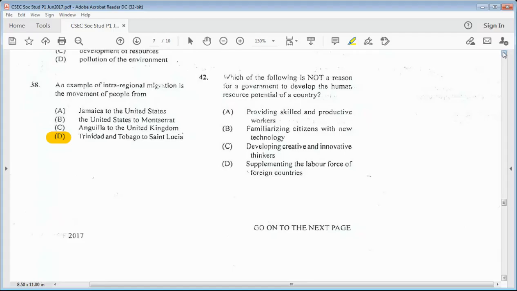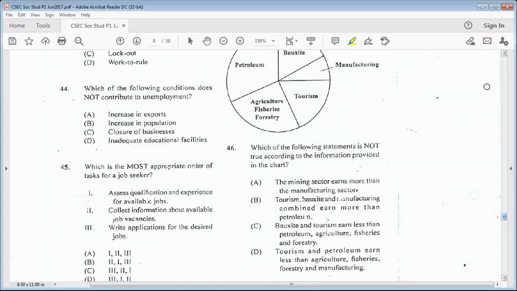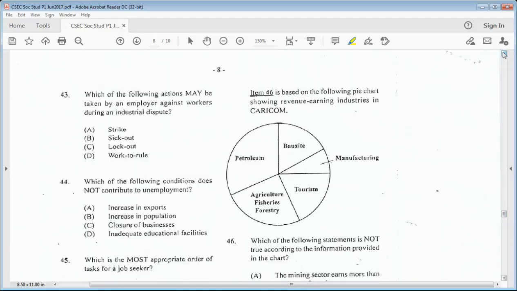That would be a cause for government to develop the human resource so that the country can be benefited from that. D, supplementing the labor force of foreign countries. That would be out. So that one would not be a reason. So why would they supplement the labor force so that foreign countries be the beneficiary? That would be out. Let's move on to 43.